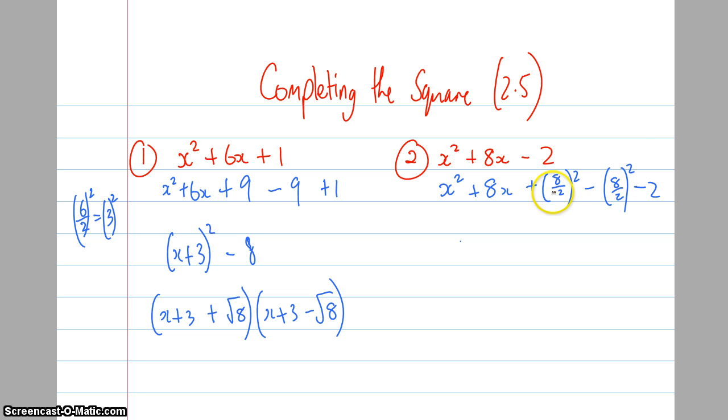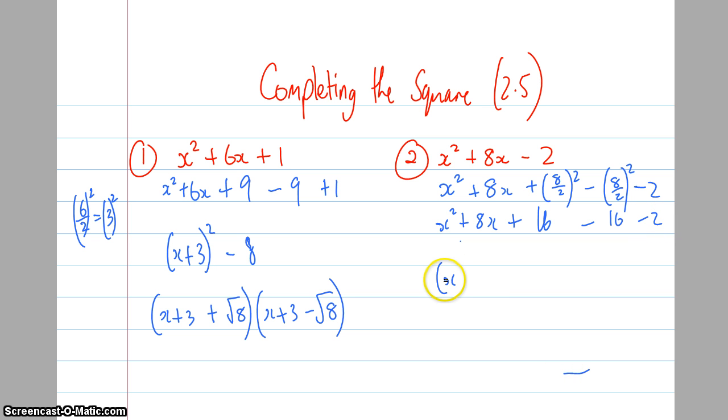Some people will ask, why don't I just use 4? That's a valid point. The only reason I do this is later on you might deal with fractions and it gets a little bit harder, so it's easy to see with 8 over 2. And so I get x squared plus 8x plus 4 squared, which is 16, minus 16 minus 2.